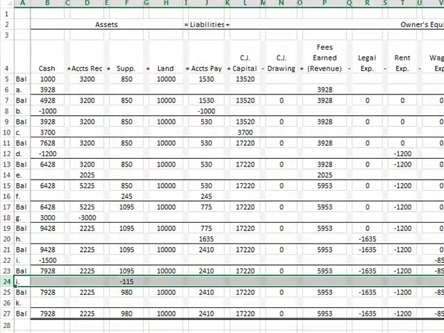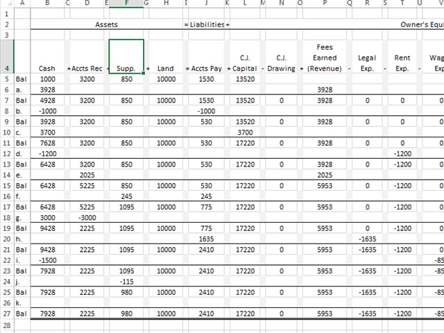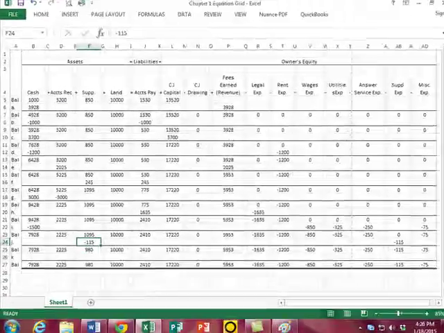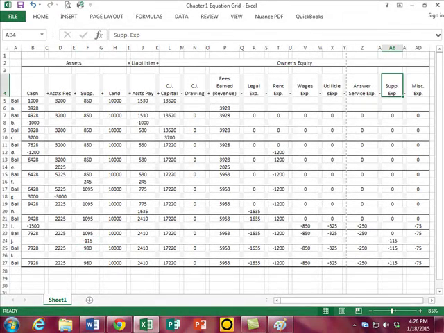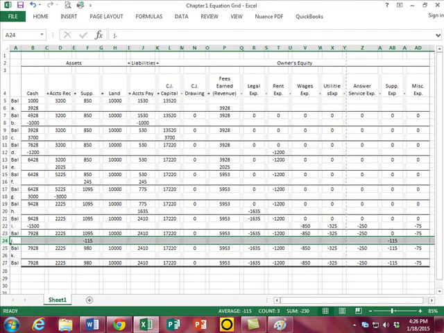This particular transaction is also known as an adjusting transaction, which means that we weren't purchasing anything, we did not earn any revenue, we did not pay a debt, the owner didn't put any money in, the owner didn't take any money out. What we're saying is that we are adjusting the supply account by the amount of what we used and then converting that $115 to supplies expense. An adjusting entry is what this is called.